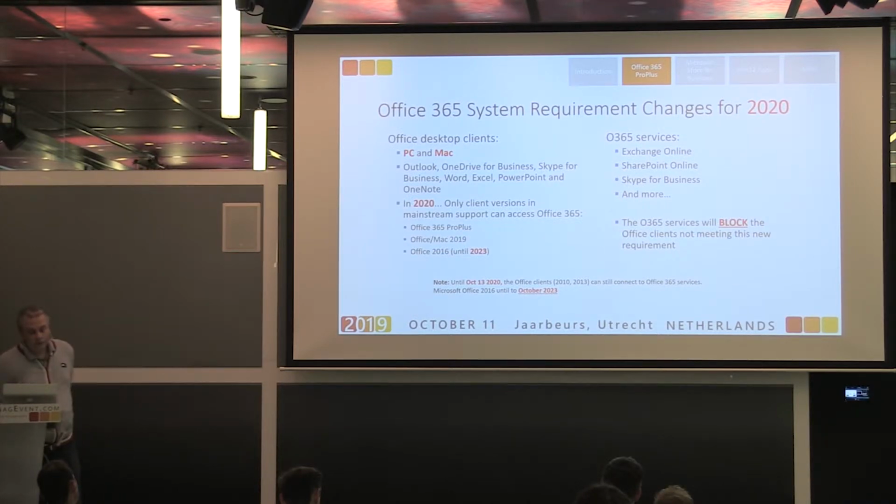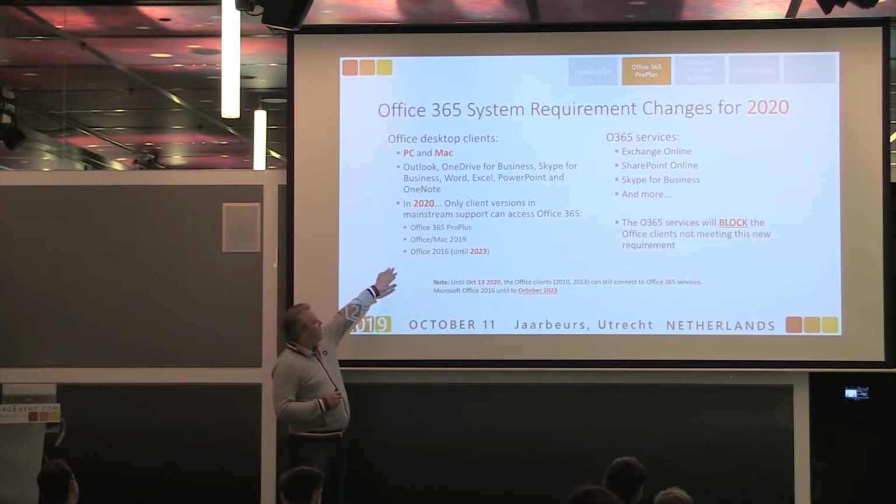Also regarding earlier versions, I think the main big change is that Office 365 services will block all the old Office versions. So if you are still on Office 2010 or Office 2013, you need to do something in the upcoming months or years, because the service will block all those legacy versions.